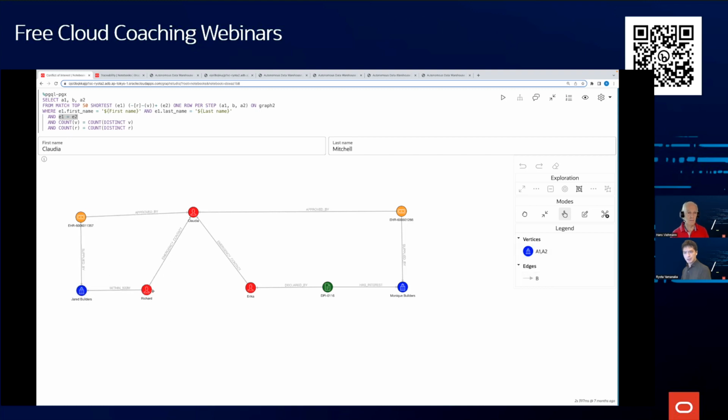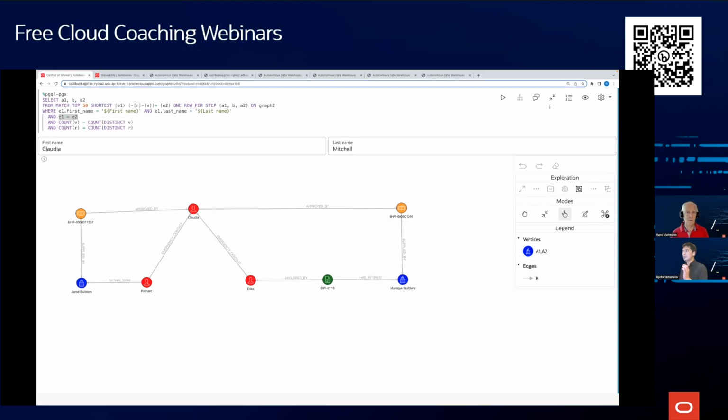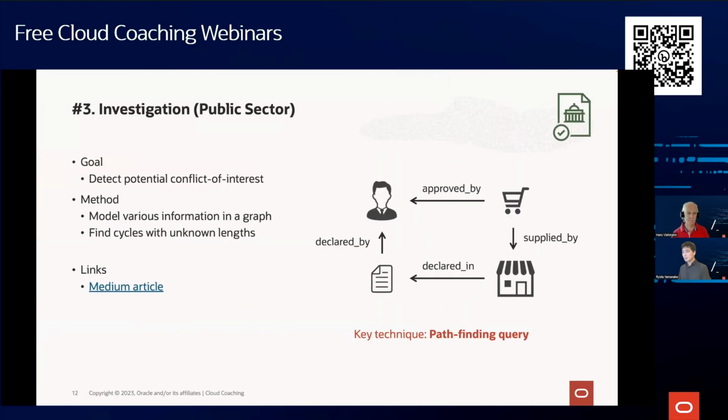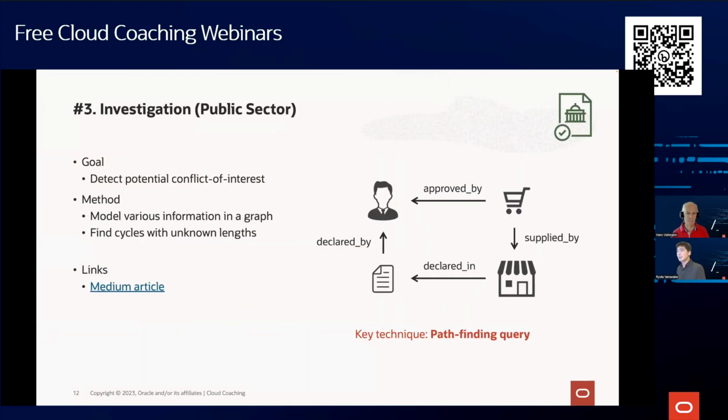The addresses are close here, and the supplier's purchase is approved by Claudia. In another case, they're also sharing the contact, and Erica declared the personal interest against this supplier and approved by Claudia. So such complicated patterns can also be found by shortest path queries. So that's the investigation use case.